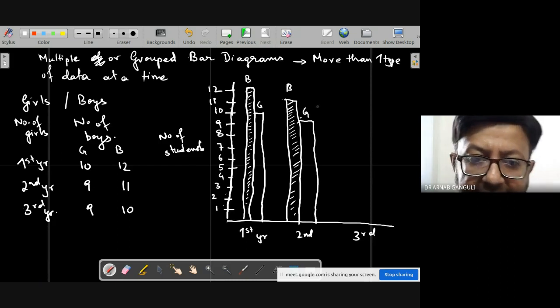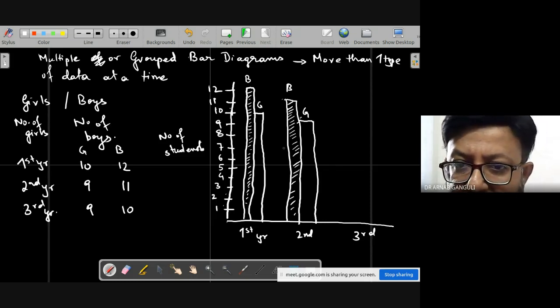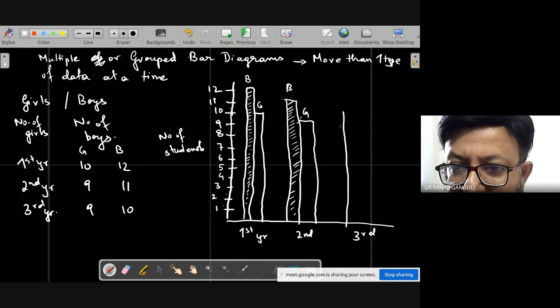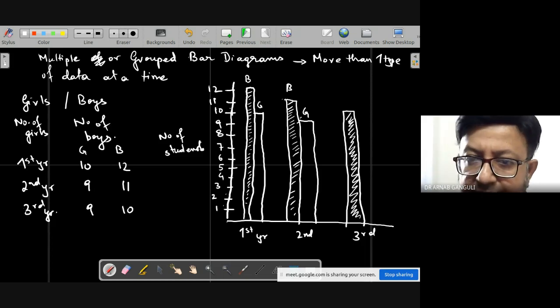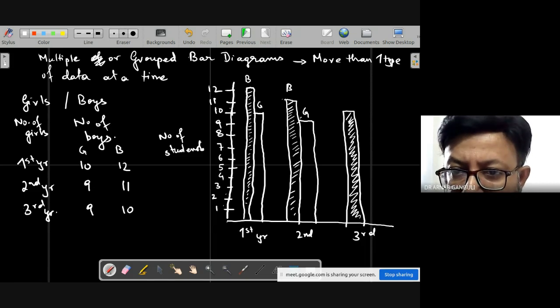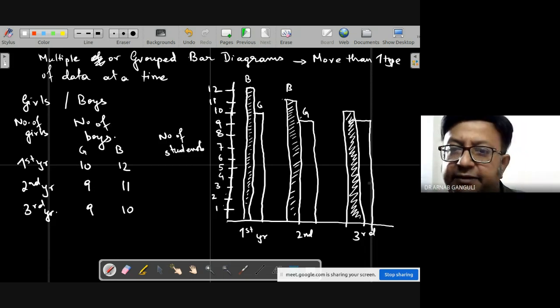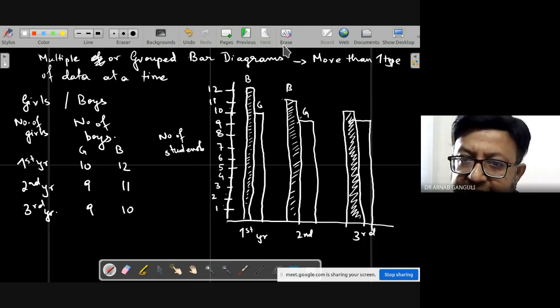And in the third year, you see 9 girls and 10 boys. Immediately, you can see that more boys leave than girls.